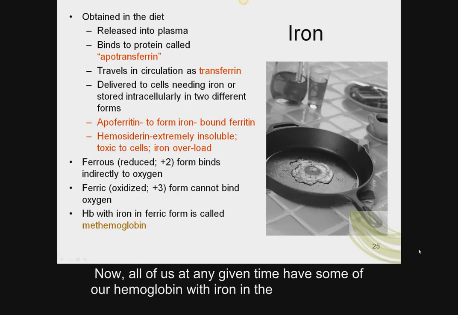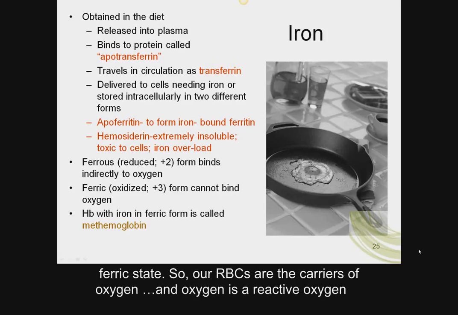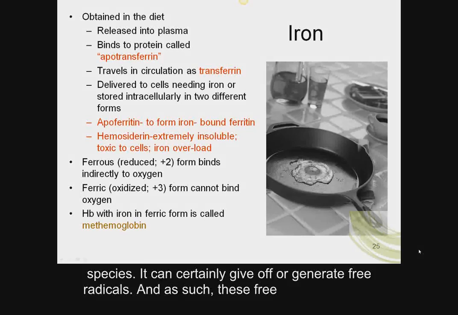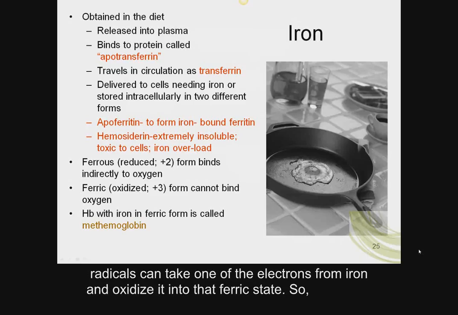Now, all of us at any given time, we have some of our hemoglobin with iron in the ferric state. So our red blood cells, they are carriers of oxygen, and oxygen is a reactive oxygen species. It can certainly generate free radicals. These free radicals can oxidize iron, turn it into the ferric state.